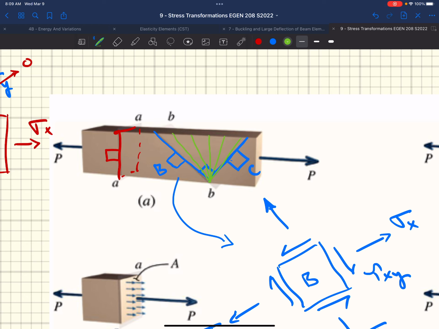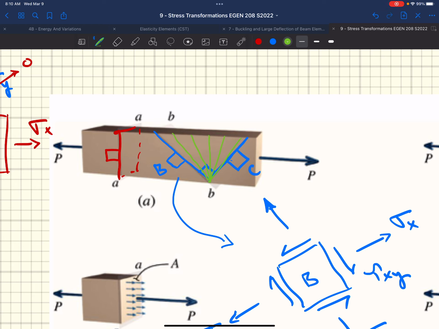We could cut this material at any given angle, and we would know what the stresses are on our faces, the X and Y faces of our cube. Which is important for us, because as I mentioned on Wednesday, as engineers, we're always designing stuff for the worst case stresses. We want to make sure that we capture what the worst case stresses are in a material so that we can relate those back to allowable stresses, based on factors of safety.